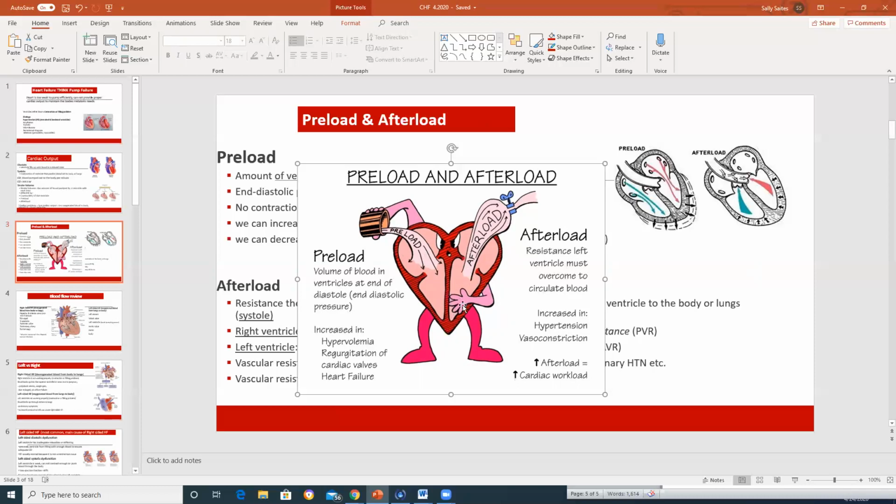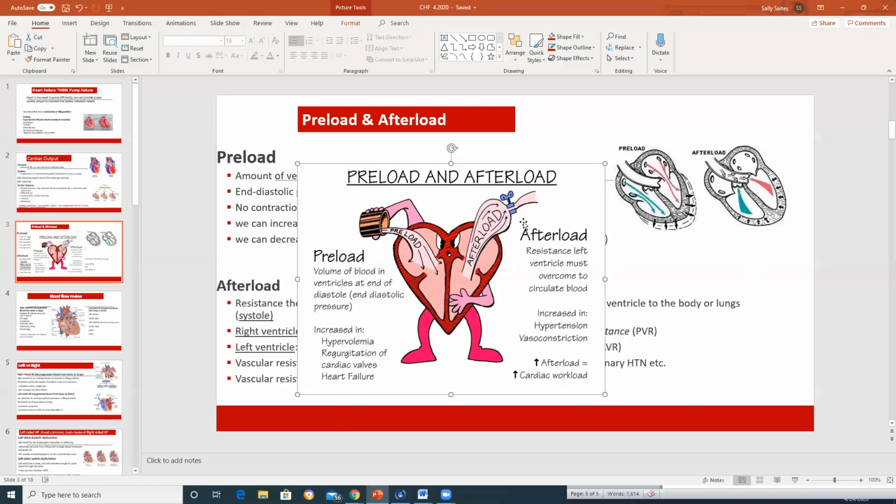Afterload is the ventricle now trying to contract to push the blood out, this is the left, so out into the aorta, out into the body for the body to be oxygenated.